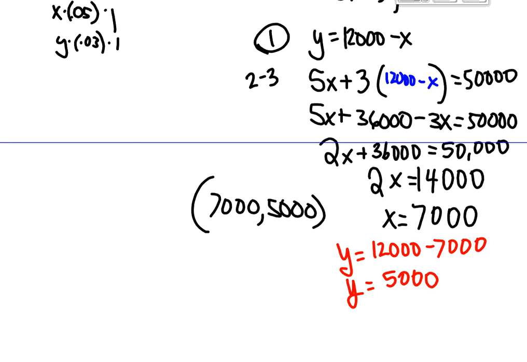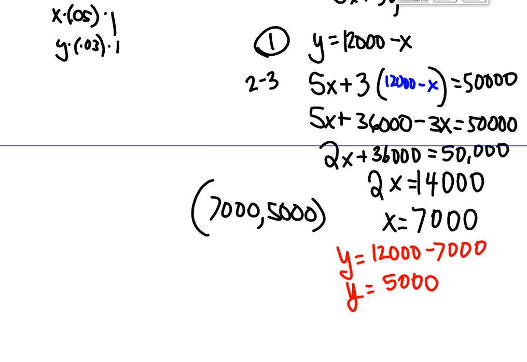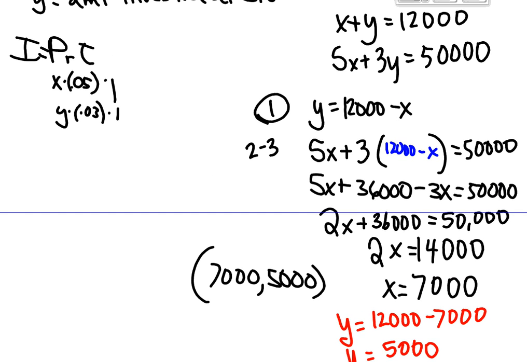And then if we just do a quick running check for ourselves, and maybe I'll put it so I can see everything there. I'll just do my check right here. 7,000 plus 5,000. And how does that compare to 12,000? It is 12,000.